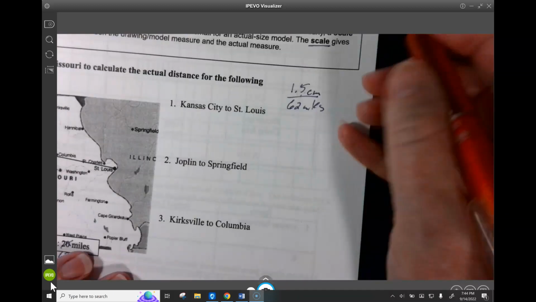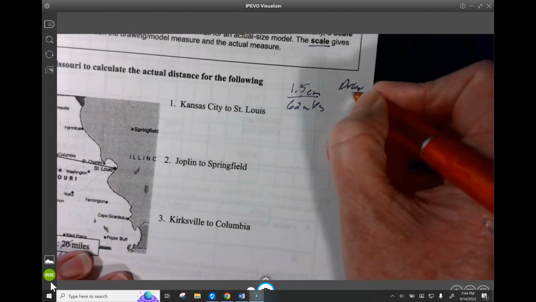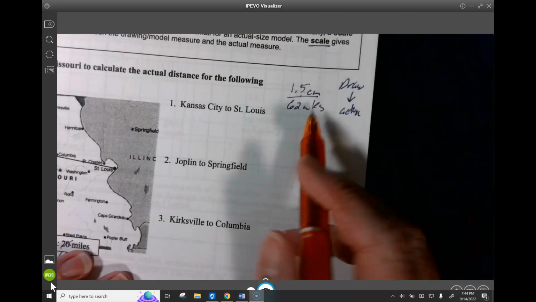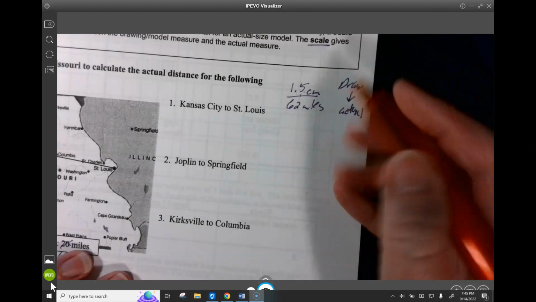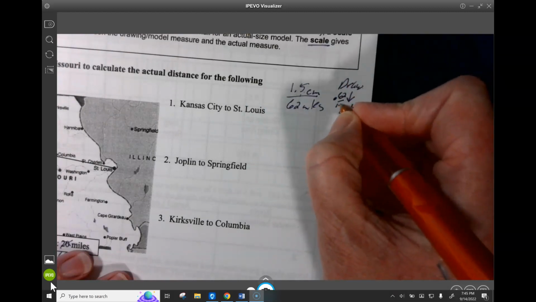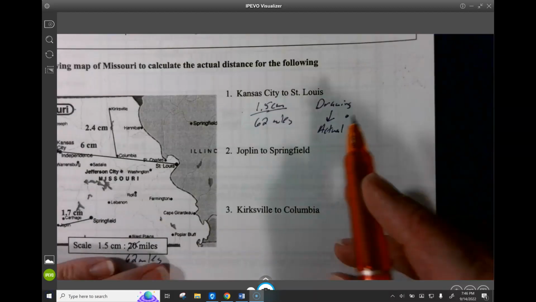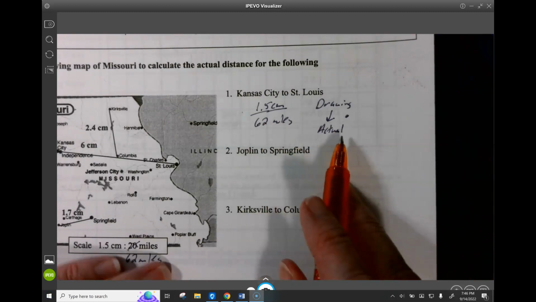And we know that if we go from the drawing to the actual, we're going to multiply by 62 over 1.5. You can't see that, so I redrew mine and rewrote what I had already done so that you could actually read it. So if you need to pause yours and also write what I've done, that's great.